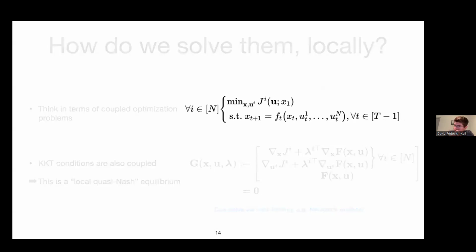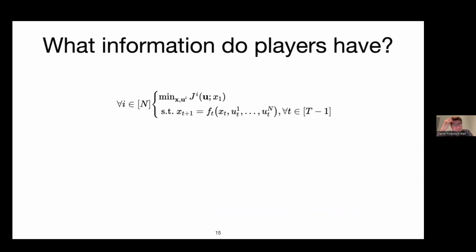All right, here's the good stuff. Suppose I found a local quasi-Nash point from the previous slide. Let's stare at this a little bit more. I want to ask you, what information do players need to have in order to execute their strategy at such a point? I don't know that this session is set up to take active Q&A, but think about it for a second.